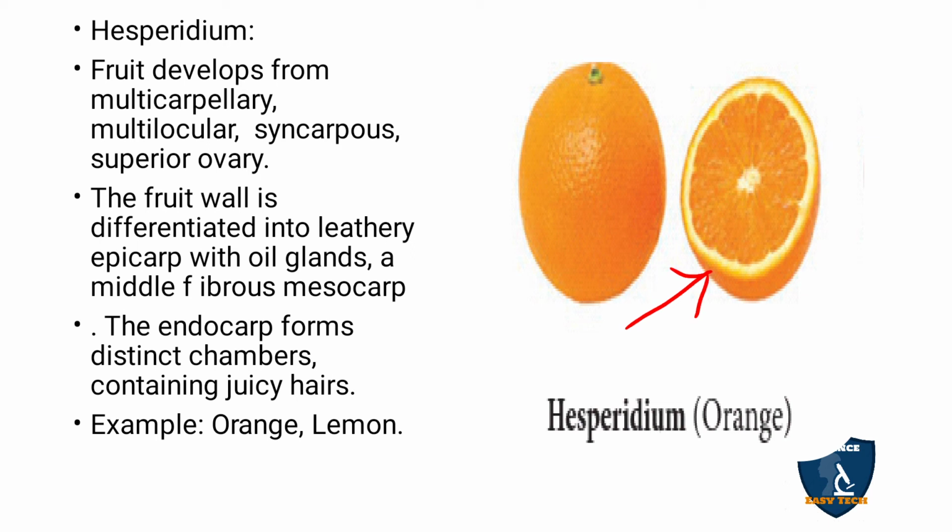The middle portion, the white portion, is the fibrous mesocarp. The inner endocarp is juicy and has distinct chambers with juicy hairs. Example, orange and lemon.